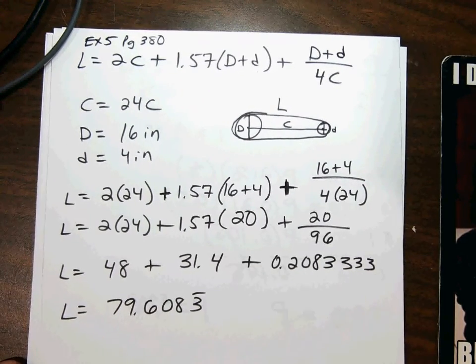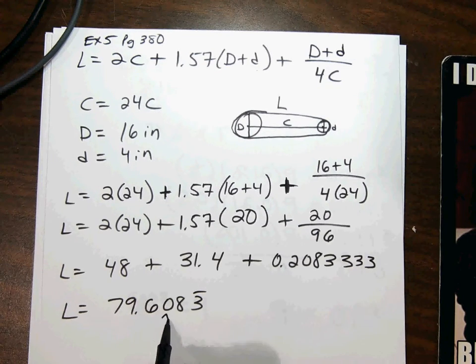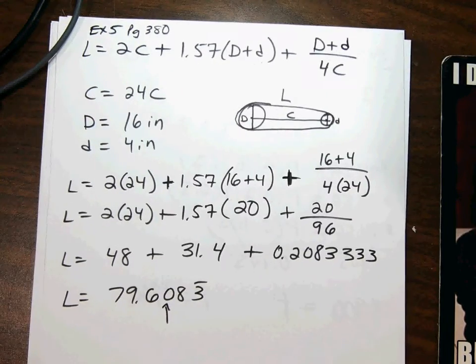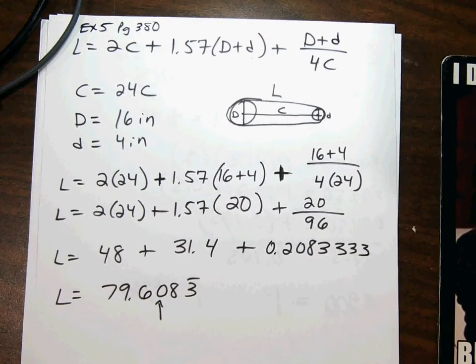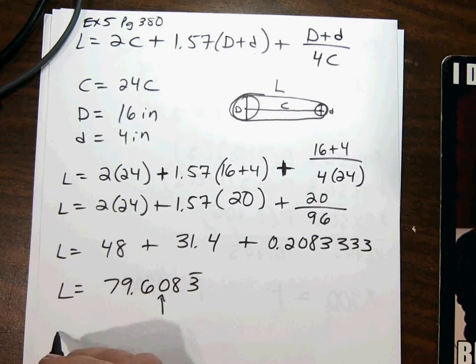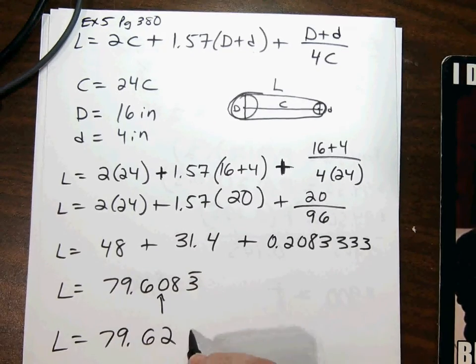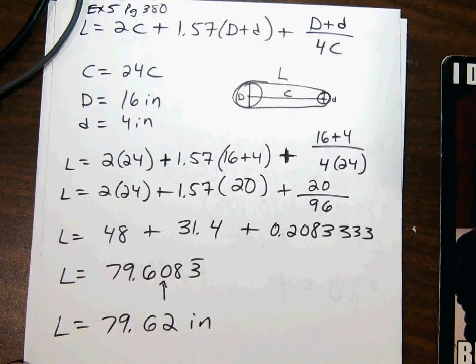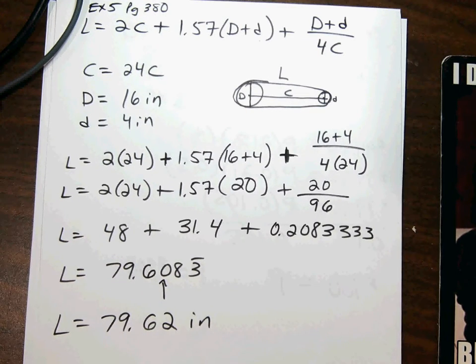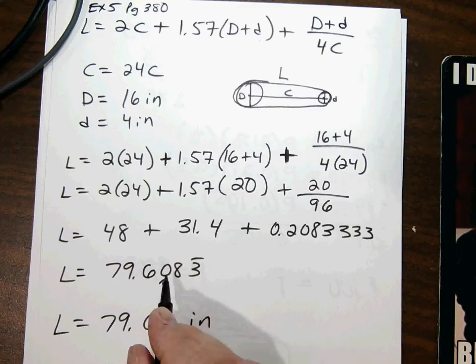Now we're asked to round in this problem. I didn't write it down, but the problem says round to the nearest hundredths. Well, that's that position right there. That's 0. It's either going to stay a 0 or turn into a 1. I make that decision by looking to the right, and I say, aha, that's 5 or bigger, so I'm going to bump it up. 79.62, again, the unit here was inches, so that belt needs to be 79.62, I'm sorry, not 62, 61.